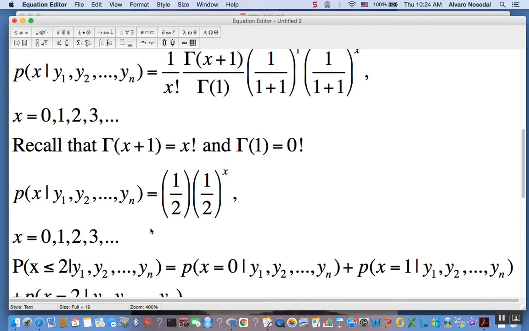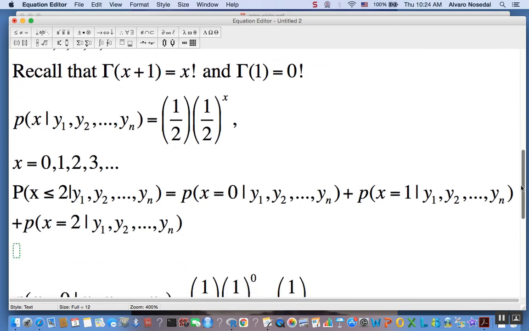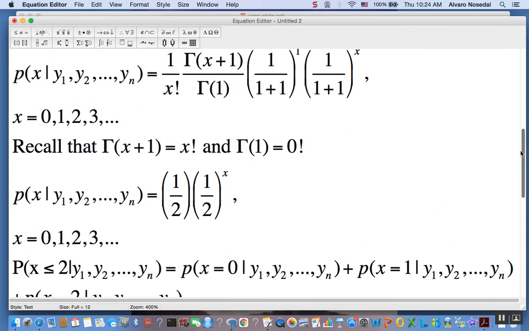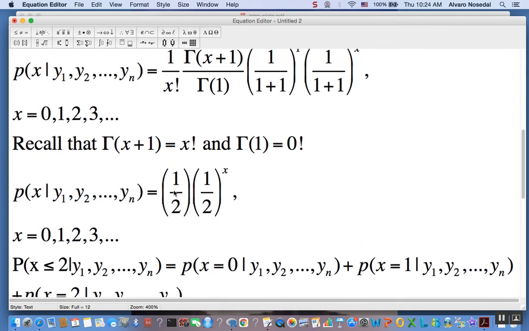X starts at 0, and then the next term is, you just multiply this by the same factor to get the next one, right? So that seems to be a geometric series, right? And if you think about this from a probabilistic perspective, this is what we call a geometric distribution, right?